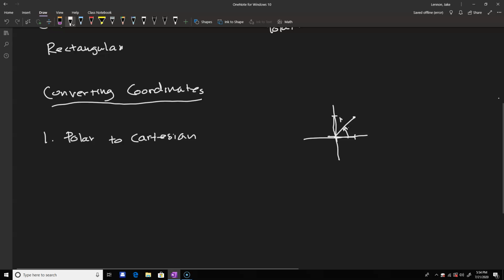So if this is r and this is theta, the x component is essentially just the radius times the cosine of that angle. So your x-coordinate in rectangular is going to be r times the cosine of theta, and y is just going to be r times the sine of theta. Pretty straightforward.